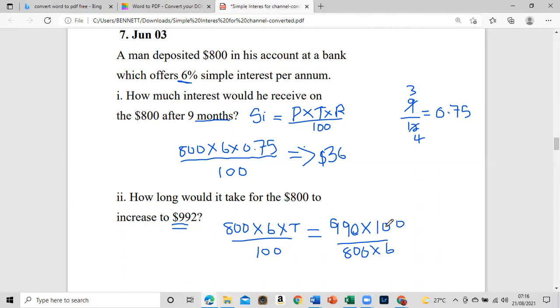Okay, I'll cancel. And then it would be 992 divided by that. Anyway, I use the calculator. I'm going to get 20.6.